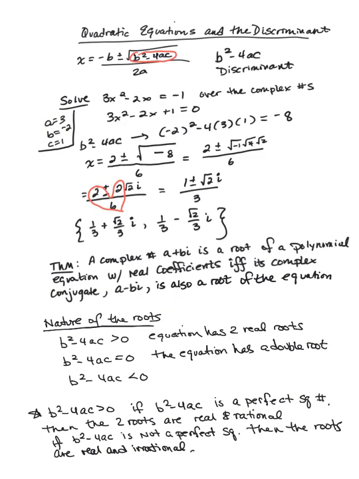And if the discriminant is negative, then the equation has two imaginary roots that are complex conjugates, which goes back to that theorem.